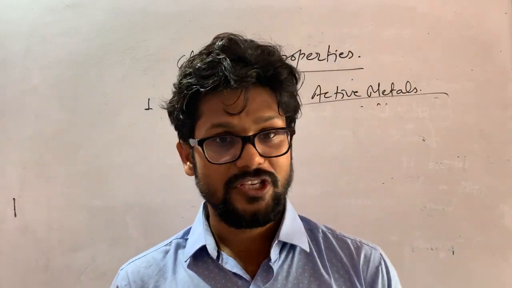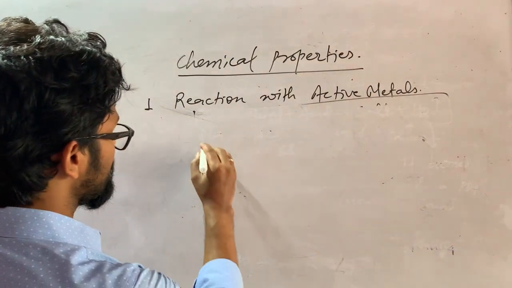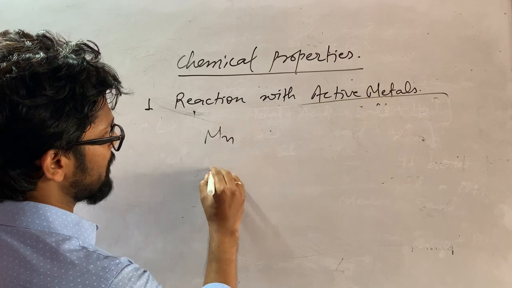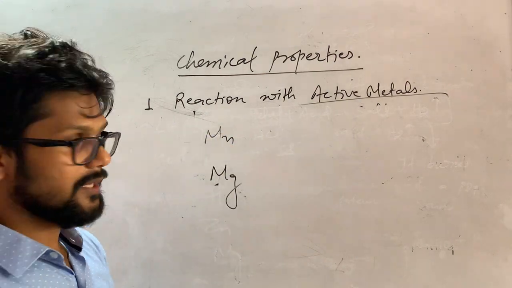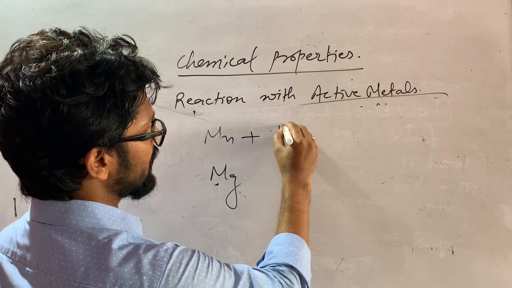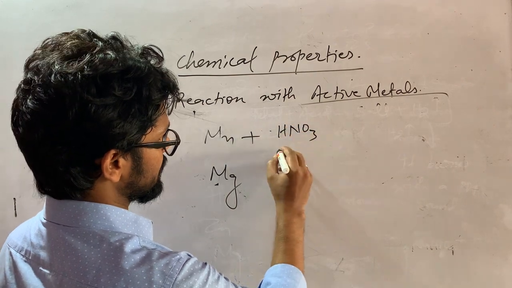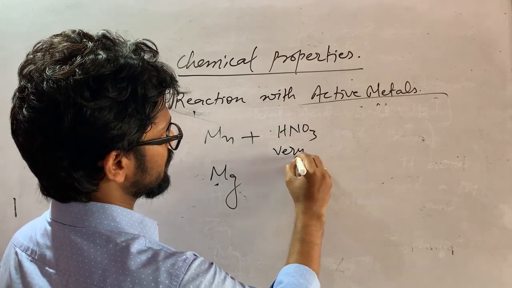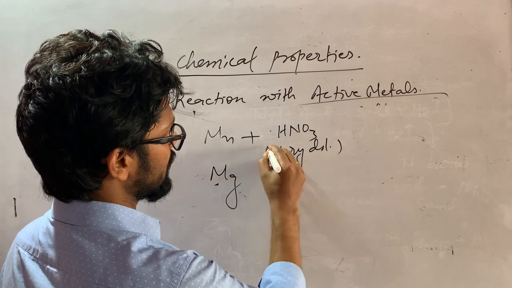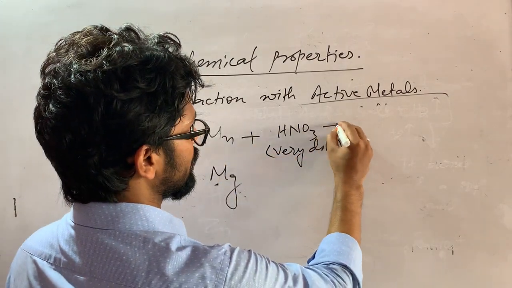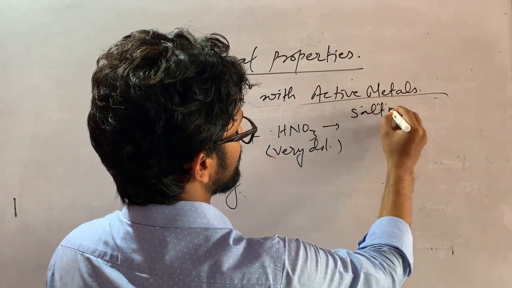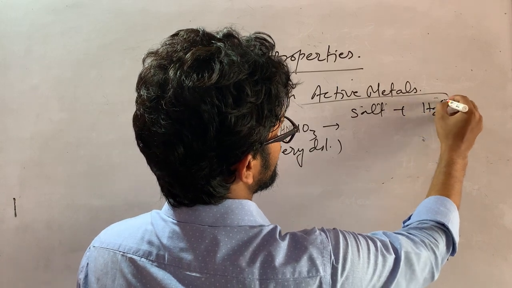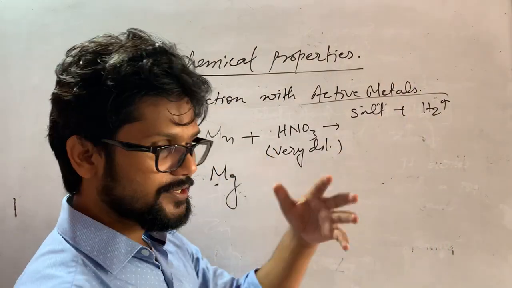But there are a few exceptions: when manganese and magnesium react with very dilute nitric acid, it will give salt plus hydrogen gas. So you write the reaction in the same way.